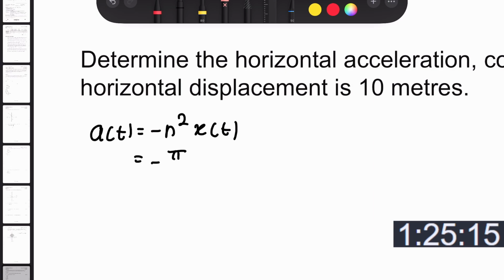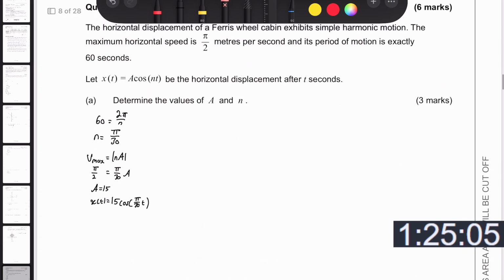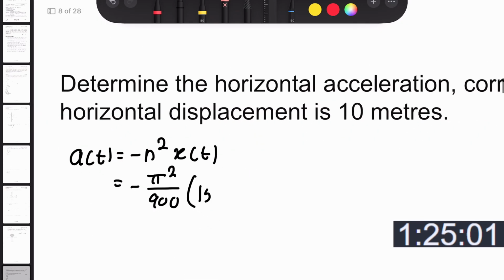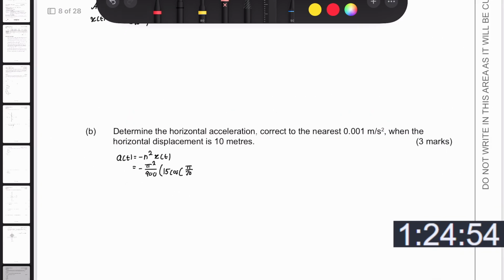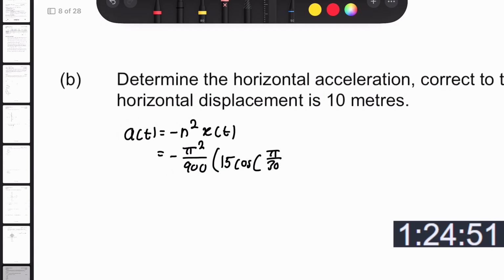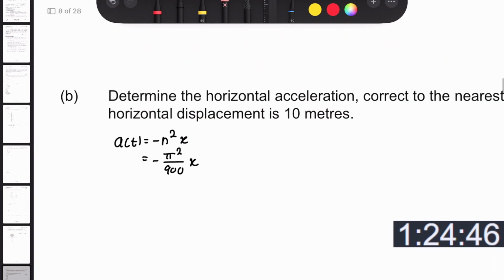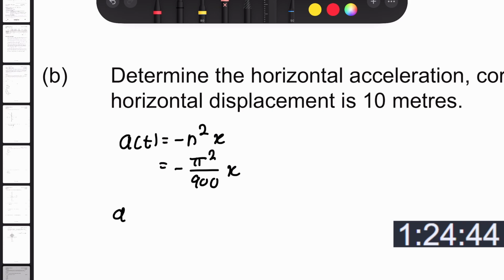This will be negative pi squared on 900, and then this will be 15 cosine of pi on 30 t. Oh no, so x. So then a(t).